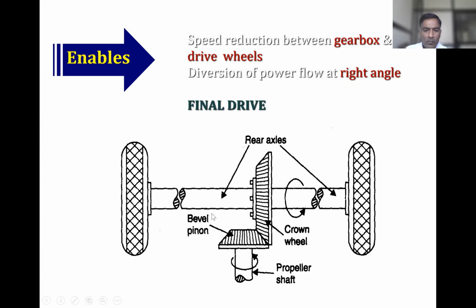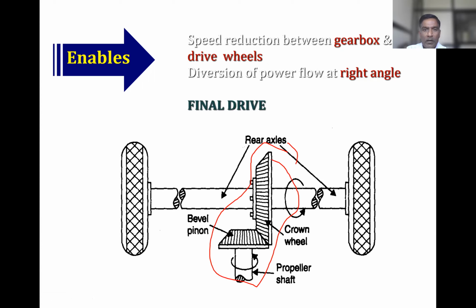So this one is the propeller shaft. This one is the pinion. This is crown wheel. So this pinion and the crown wheel, bevel pinion and the bevel crown wheel. So accordingly, we can get power transmission at the 90 degree. So this unit is called as a final drive.